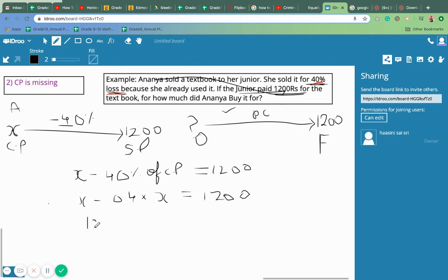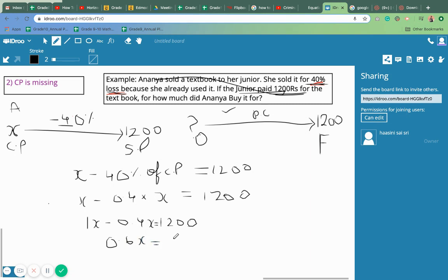So I'm writing 1x minus 0.4x will give me 1200. What do I get if I remove 0.4 from 1? I'll get 0.6x. So 0.6x is equal to 1200.